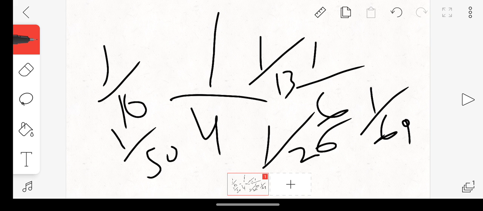Yeah, basically. Unit fractions are just the number 1 with fractions. So, let's count by unit fractions.